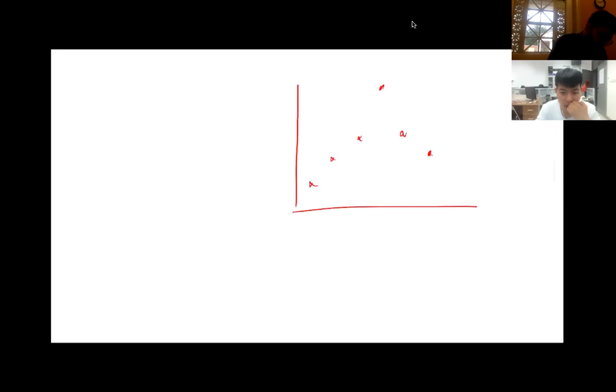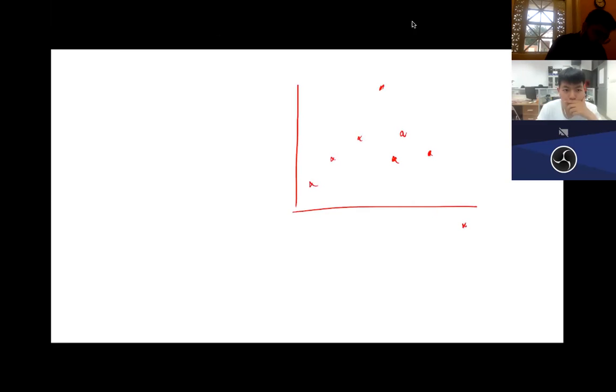What did I do? I think I undid my drawing. Anyway, let me just redraw it quickly. So this is overfitting.